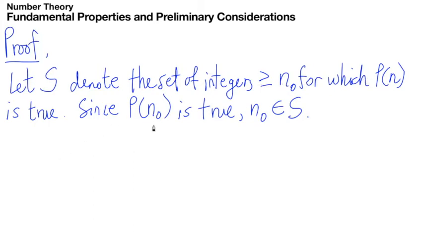Since P of n sub 0 is true, n sub 0 is in S. Now by theorem 1, the theorem that we have learned a while ago, you remember theorem 1: 1 is in S, that's condition 1, and if k, an arbitrary positive integer, is in S, then k plus 1 is in S. So S is equal to the positive integers. That's our theorem 1.